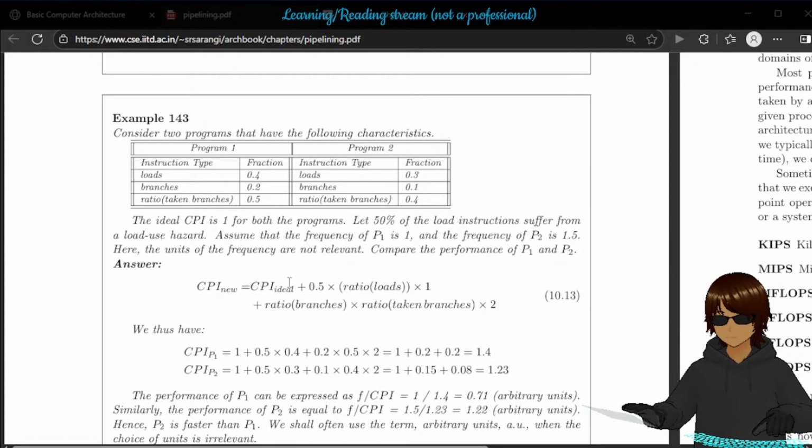So the ideal CPI is 1 plus 0.5 ratio of loads. 50% of the load instructions suffer from a load use hazard. Isn't the fraction given over here?